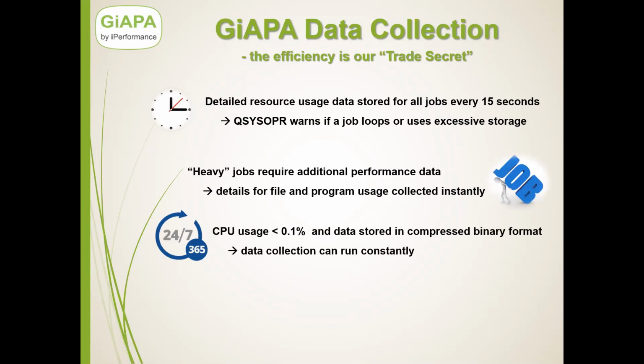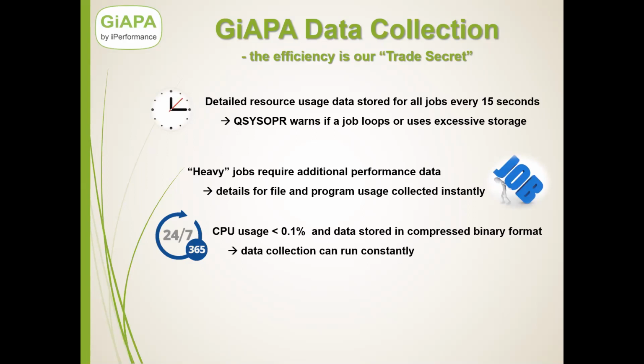Our trade secret is probably the way we manage to collect and store so much data and still only use less than 0.1% CPU. We achieve this by storing the data in a compressed binary format. We are using field lengths in bits, so we occupy very little space and therefore use surprisingly few IOs.